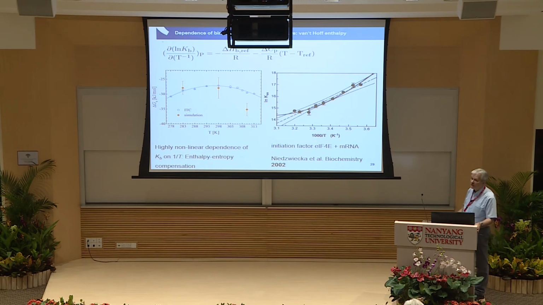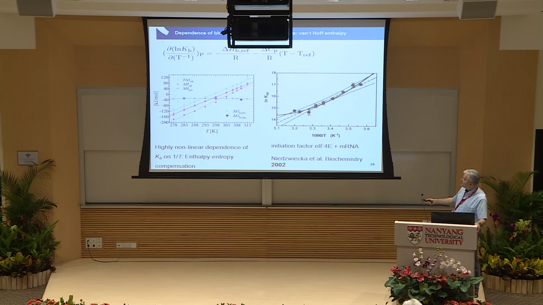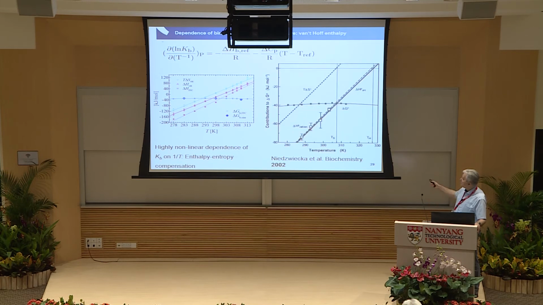All these systems are, of course, characterized by strong specific heat. And if you do this, you can calculate delta H and delta S. And you see, like in the typical biochemical systems, this strong enthalpy cancellation.